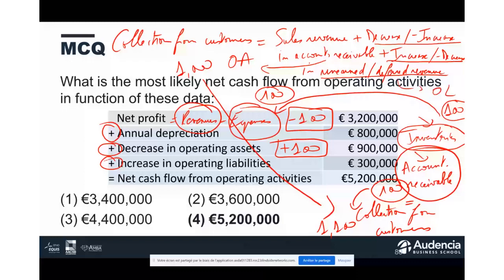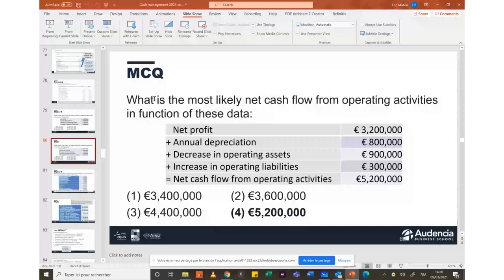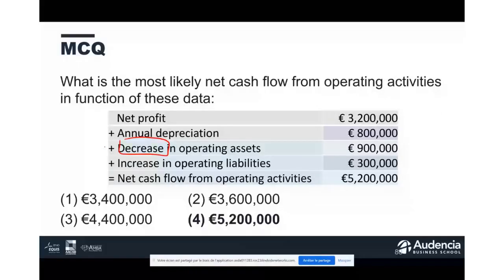For the operating liabilities, it's the reverse of the operating assets. So here it is decrease that gives the plus. Here it is increase that gives the plus. If you increase what is due, it means you don't pay now, you pay later. So we have revenue minus expenses in the net profit. But here we have accrued expenses.